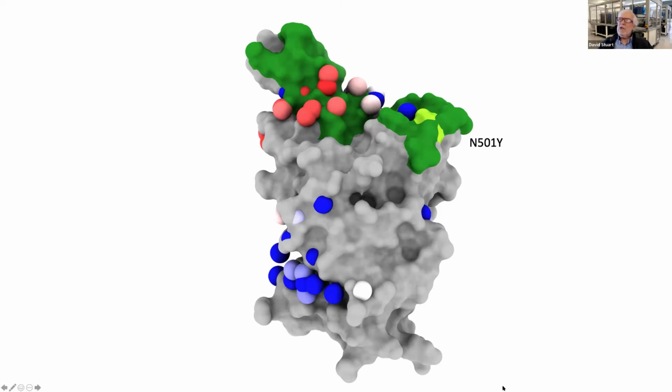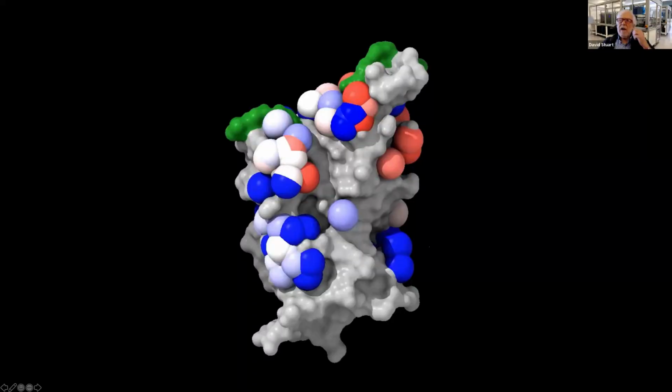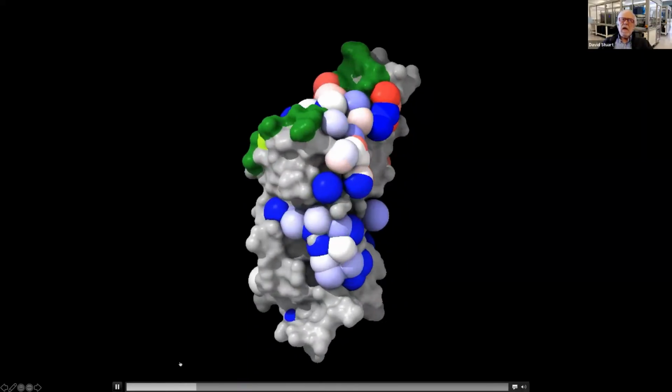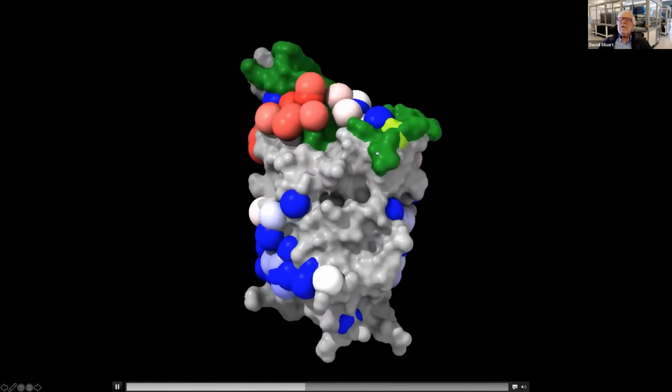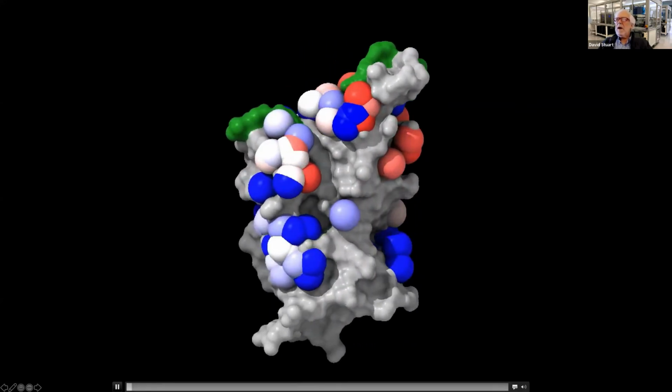There is one change in the receptor binding domain in that mutant, and that is at residue 501. You can see it is in the ACE2 binding site, and there it is. You would think it's not that close to the neutralizing antibody binding sites.